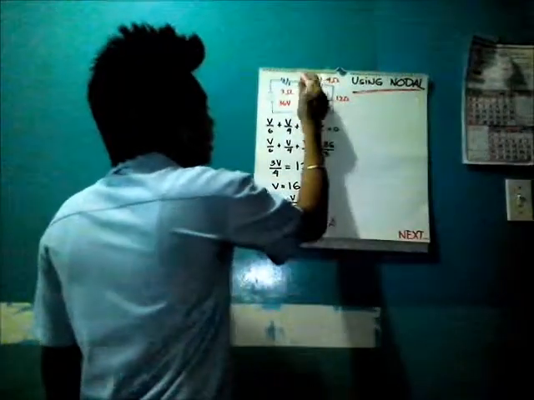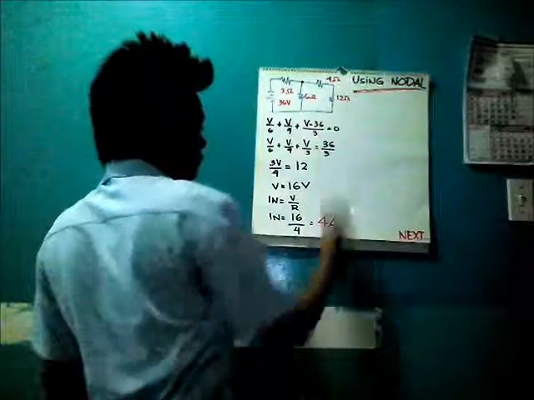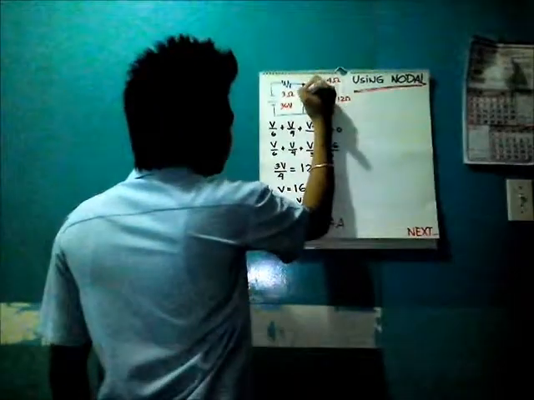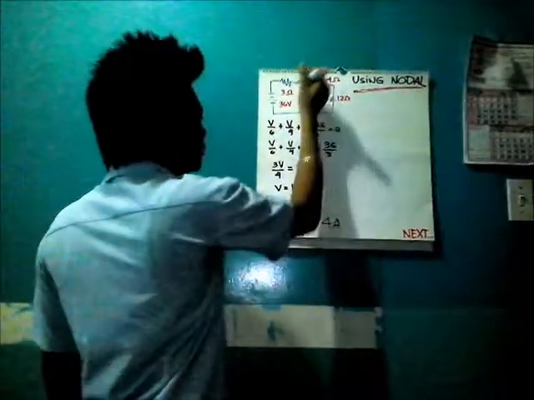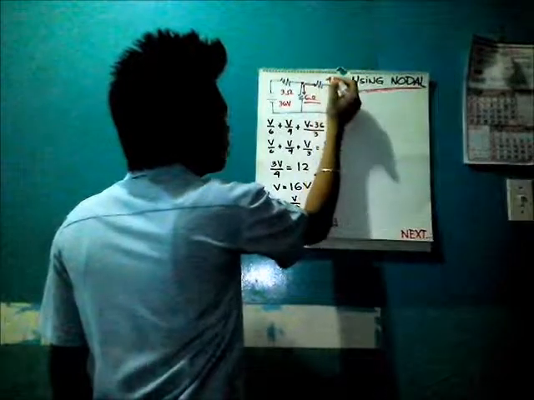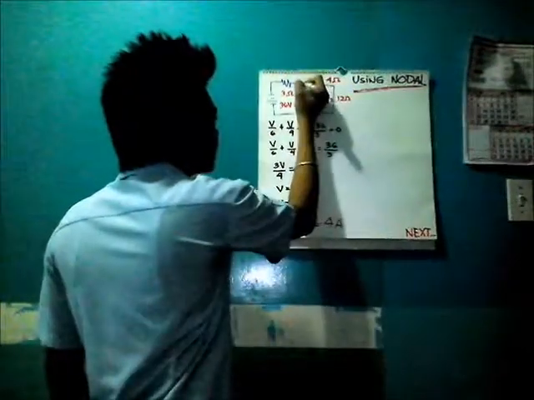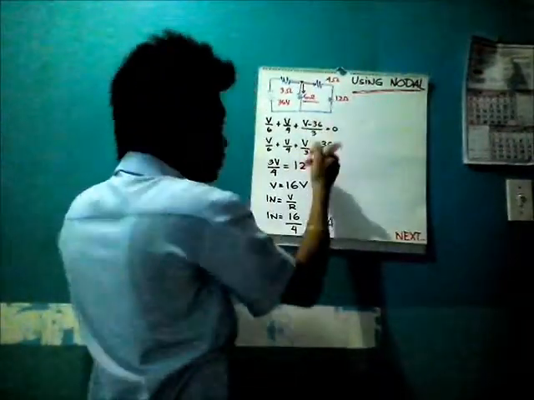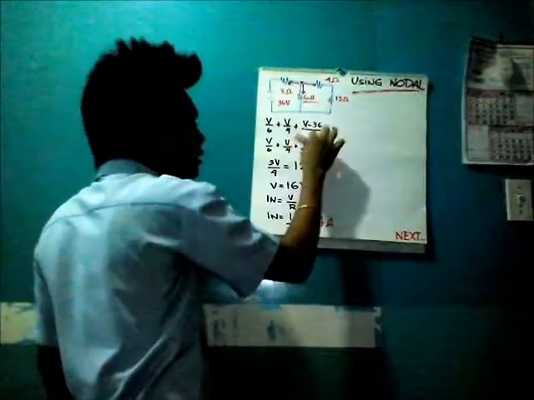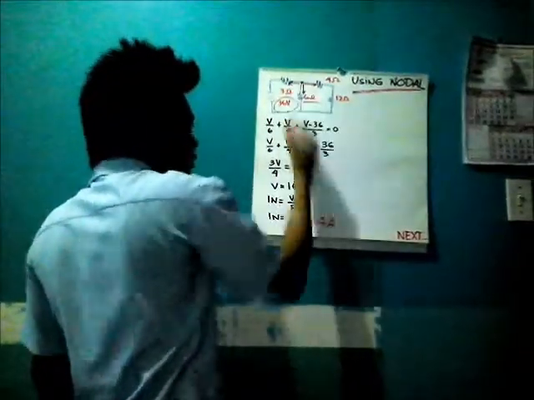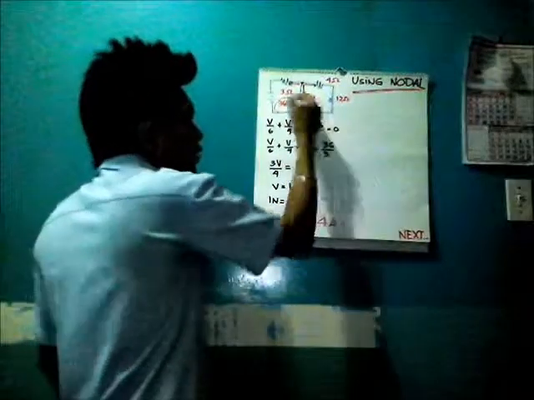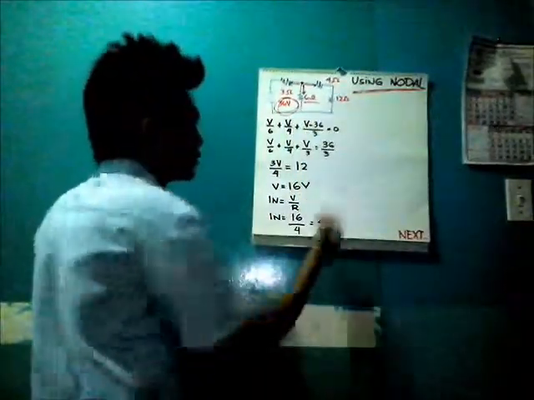Using nodal, here's our node: V over 6 plus V over 4 plus V minus the voltage 36 over 3. Don't forget the voltage 36.